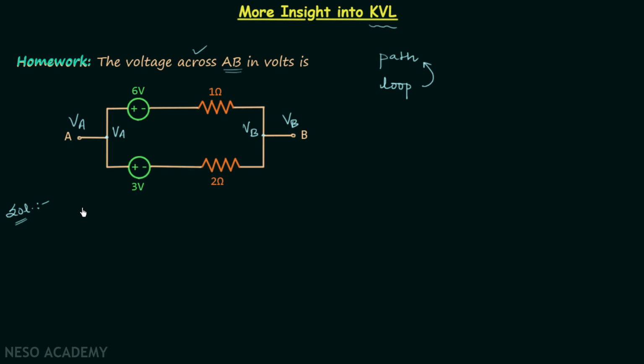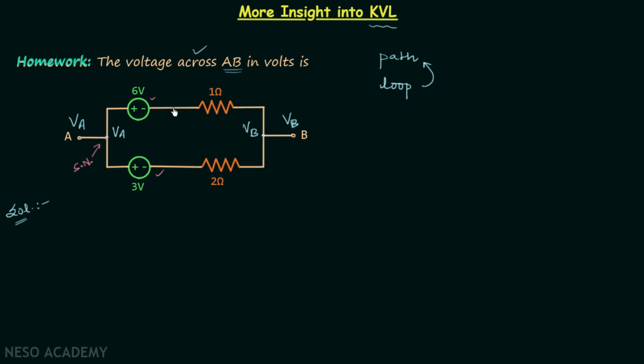So first we will try to find the current in this circuit, and if you look closely you will find this node here is a simple node. It is a simple node because two elements are connected at this common point, and when two elements are connected we call the node a simple node, and the node is known as a principal node when more than two elements are connected.